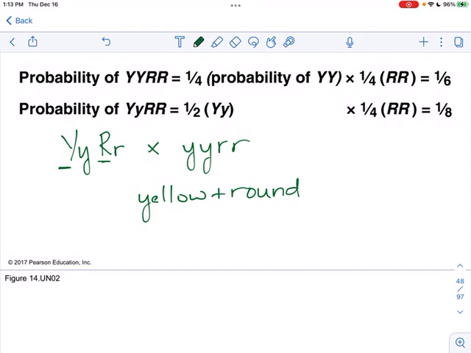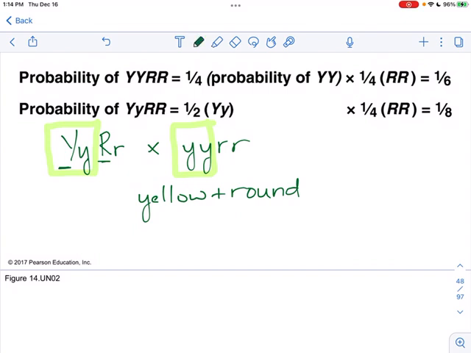So we first take a look at our individual genes. When we're looking at our trait for seed color, this is our cross. We're going to be crossing a parent that is big Y, little y, times a parent that's little y, little y. There are several different ways you can do this. You can use your probability rules, you can multiply this out, or you can just picture what that Punnett square looks like.